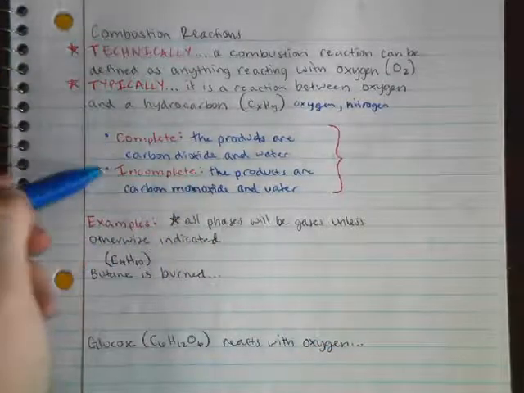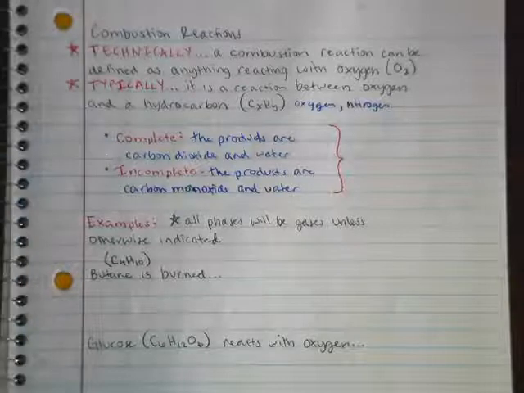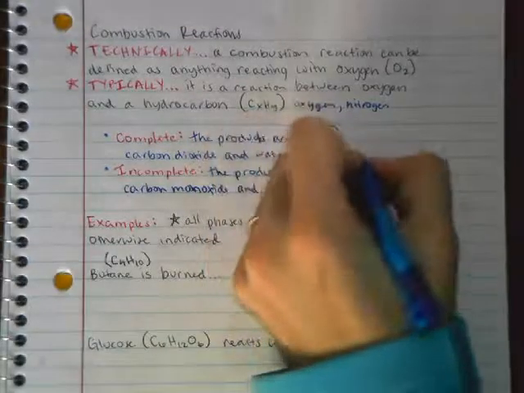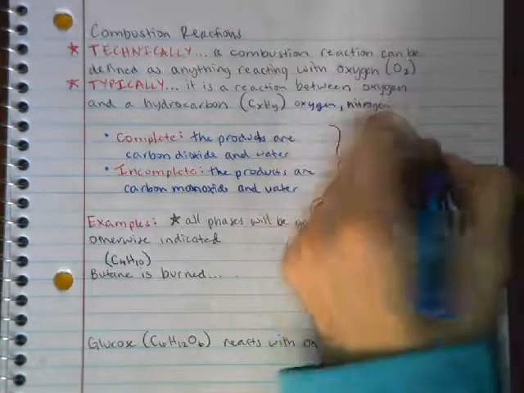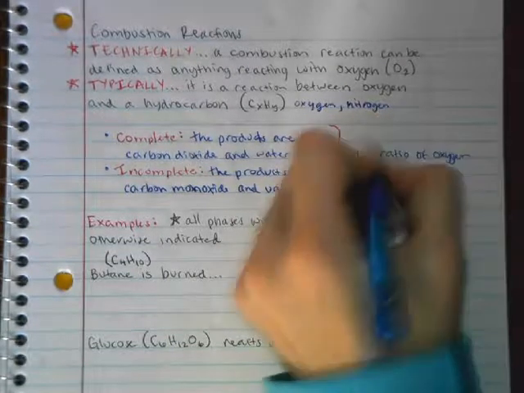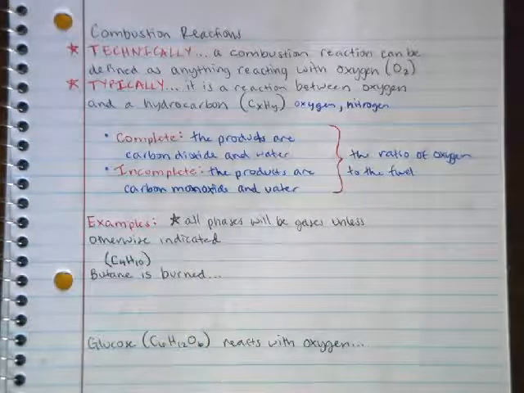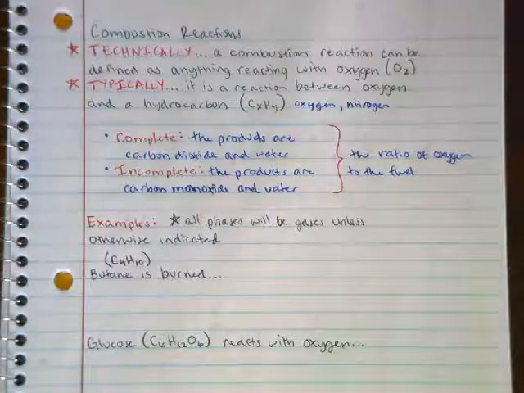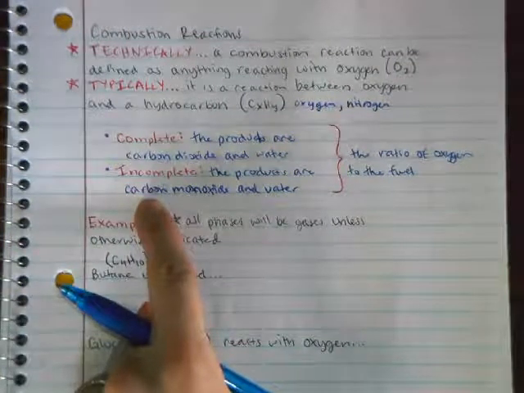What determines whether or not a combustion reaction experiences complete or incomplete combustion is the ratio of oxygen to the fuel. If you are lacking oxygen, if your ratio is insufficient, that's when you end up going through incomplete combustion. That's what our cars do, by the way.